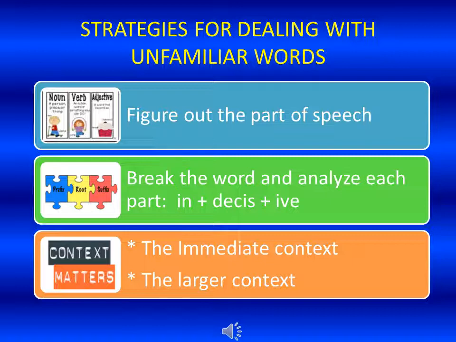So when you put all these together, you can clearly and easily identify that the root is related to the word decision, the noun decision. So when you put all this information together, you realize that indecisive is an adjective that we use to describe people who cannot make decisions.